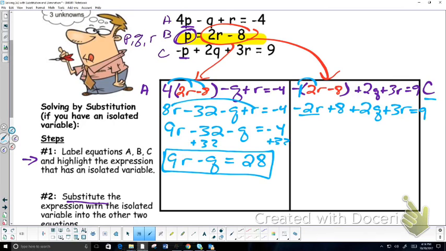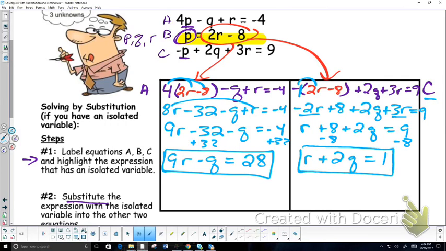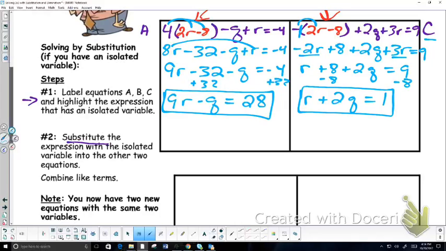Once again, let's combine our like terms. We're going to end up with -2 plus 3r, which is r, plus 8 plus 2q equals 9. Subtract 8 from both sides, and I get r plus 2q equals 1. So now this is my second equation that p has been eliminated from.